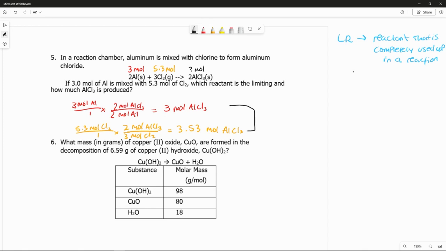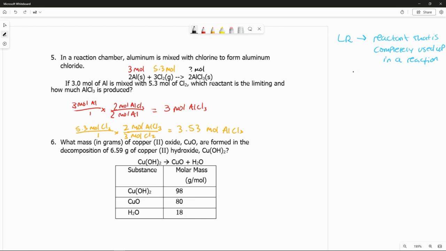From this point, we can determine the limiting reactant, because the limiting reactant is the scenario of calculation where the starting amount of the element or compound that we worked with is limiting the total moles of what we want to calculate in the end.